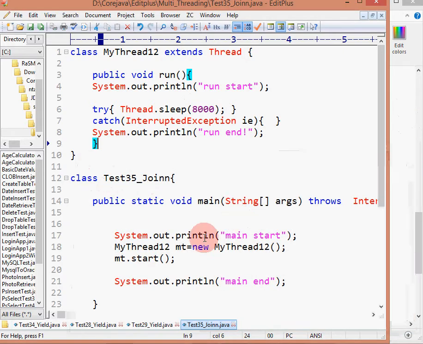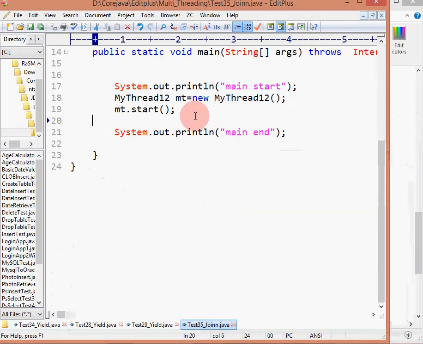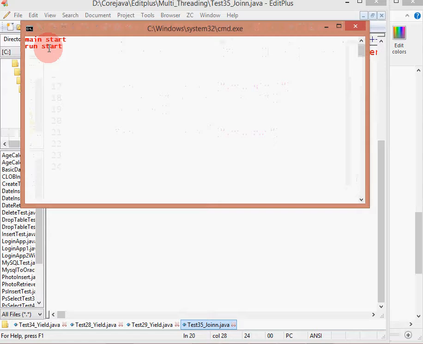Okay, now if I write here Thread.sleep of 5,000 and try to compile and execute, see the answer. Main started, run started, 1, 2, 3, 4, 5, 6, 7, 8. That means it will take 8 seconds.